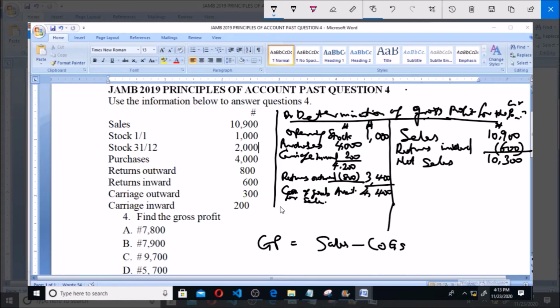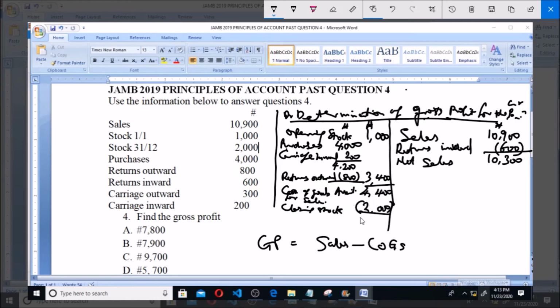Now we're going to list our closing stock, which is stock as at 31st December, the closing stock at the end of the year. We're lessing our closing stock of 2,000 naira.